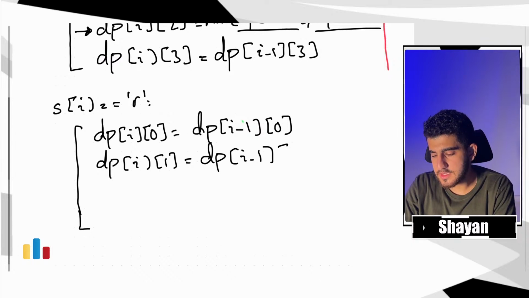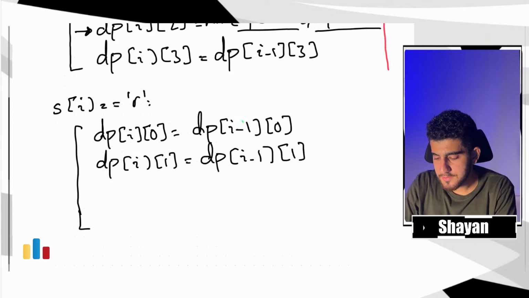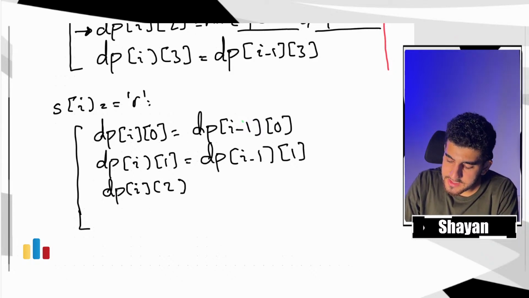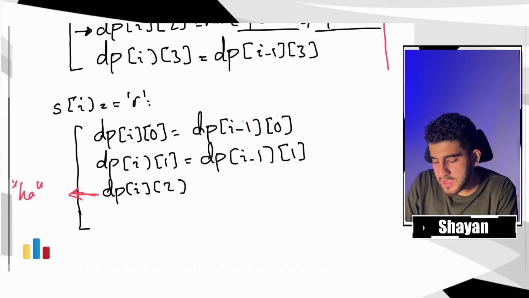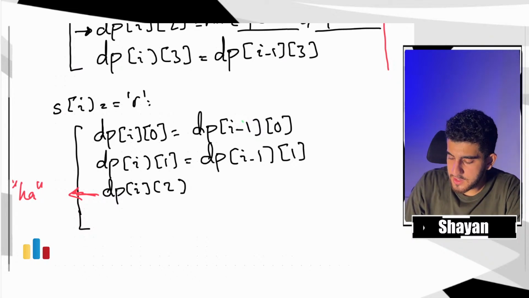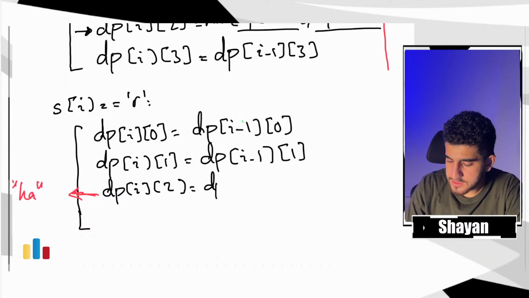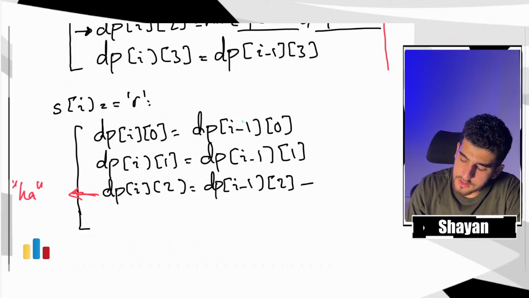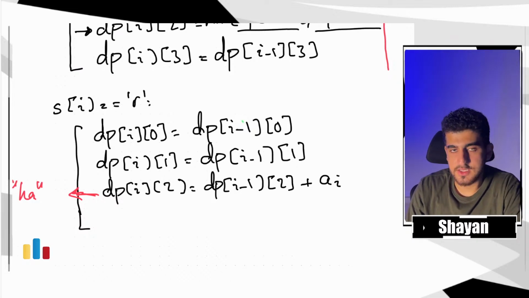It cares only about H and A. What about dp of i and 2? It means that we already have H and A matched. So if we want to remain at the same state, we need to remove this R. So dp of i and 2 is equal to dp of i minus 1 and 2 plus the cost of removing this R.